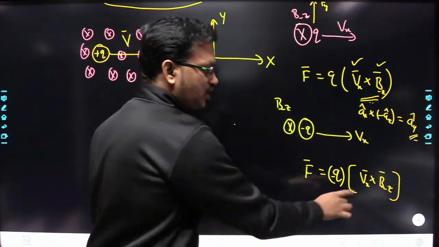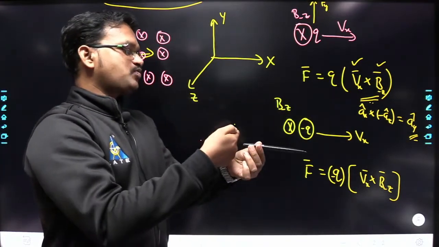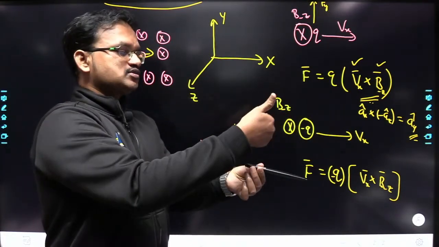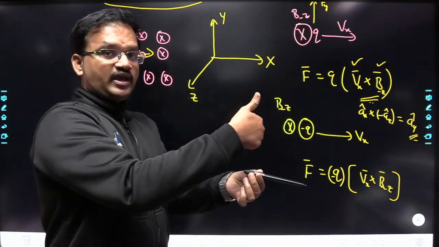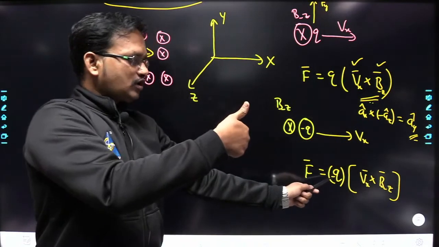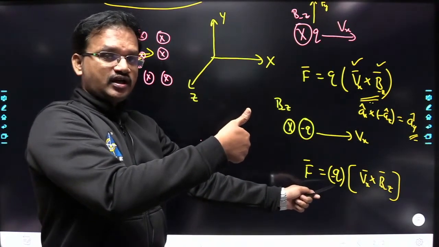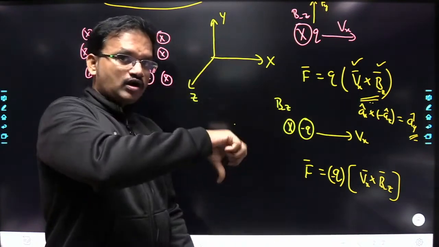You have to do the cross product between V bar and B bar. V bar is pointing like this and B bar is pointing into the board, so V bar cross B bar gives a resultant force in the upward direction. But here you are multiplying this with minus, so the resultant force will be in the downward direction.